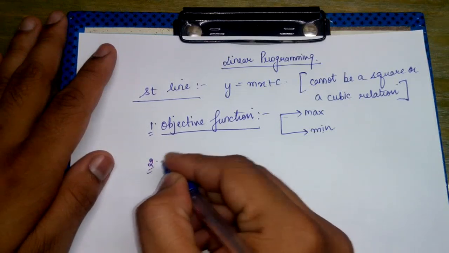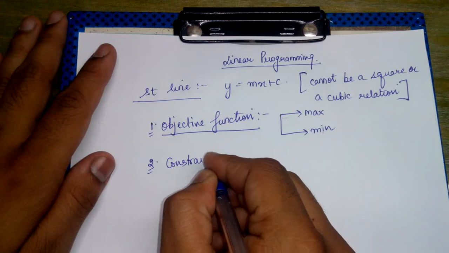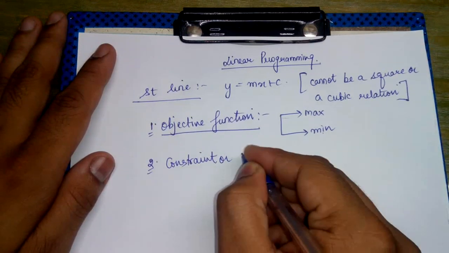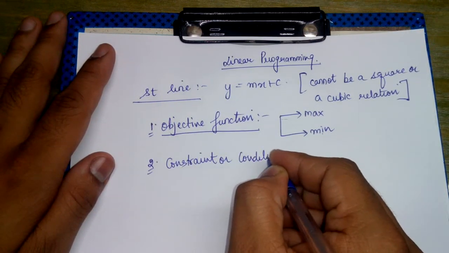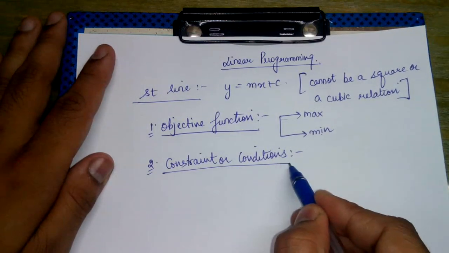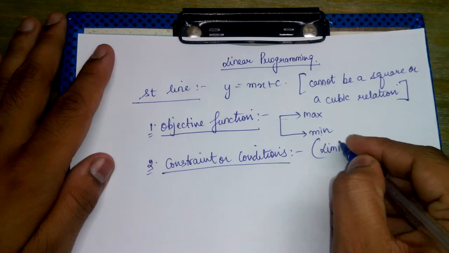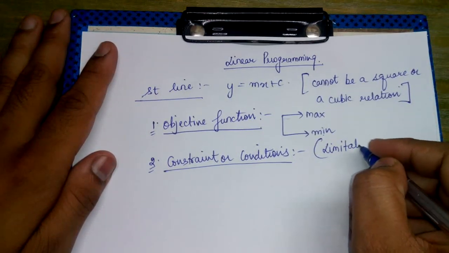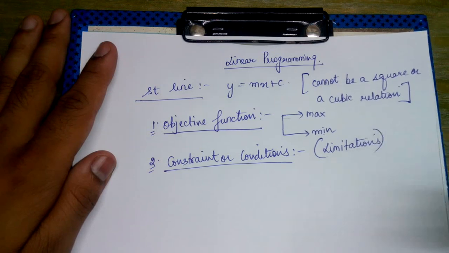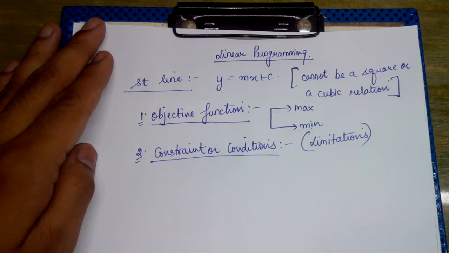The second point that we require is the constraints. The constraints or conditions will be given. These are the limitations which are available to us.